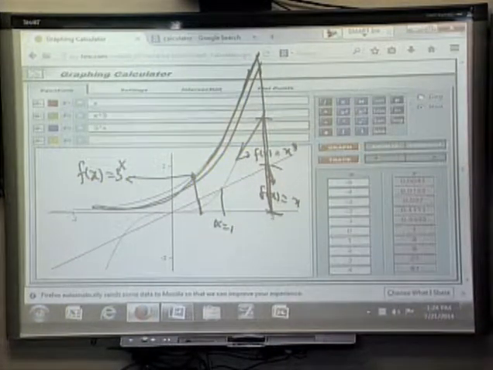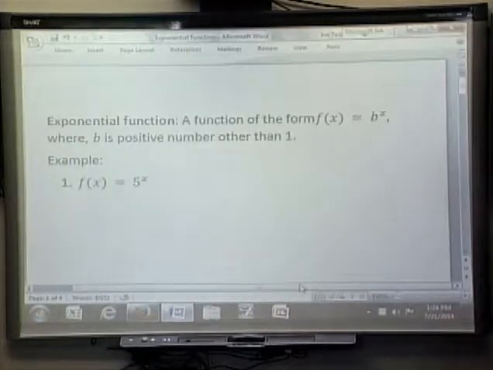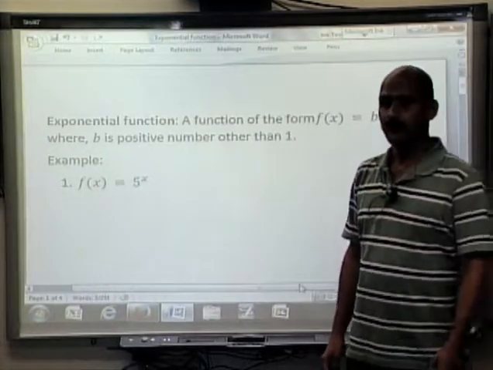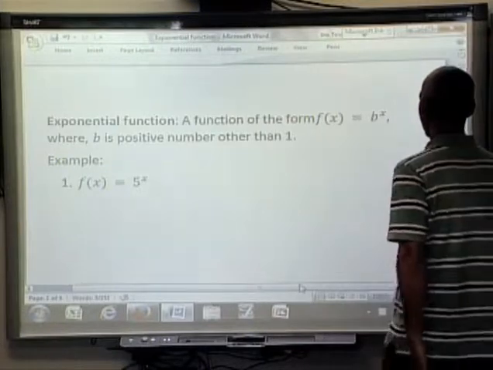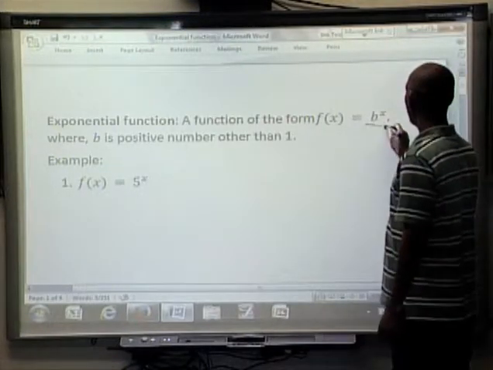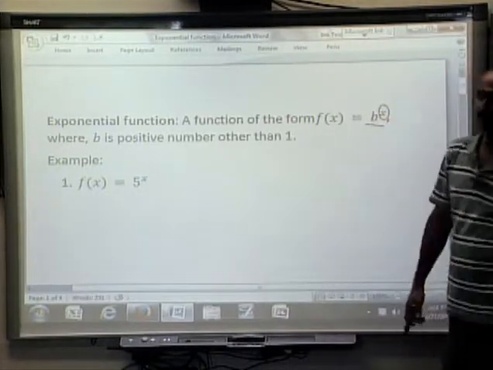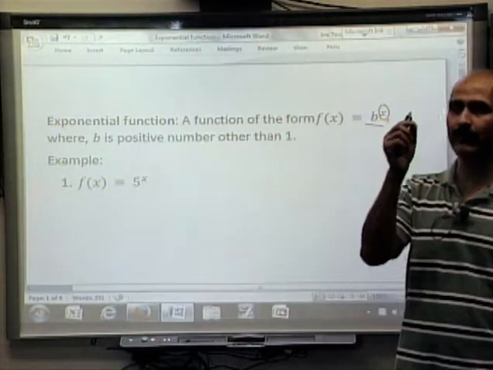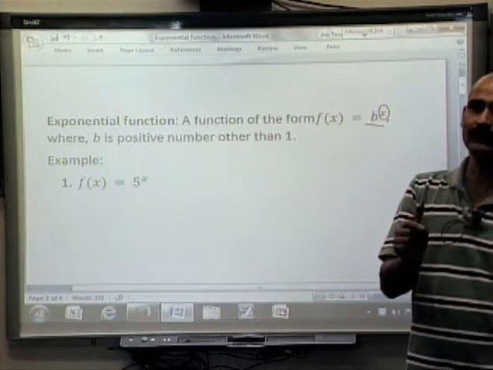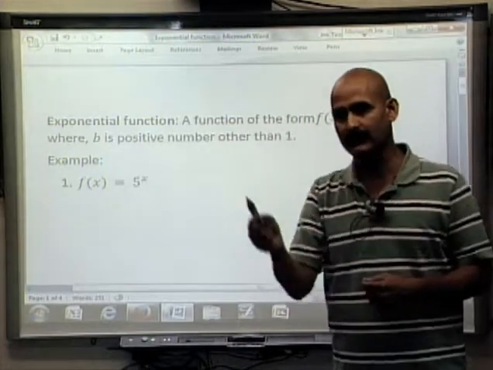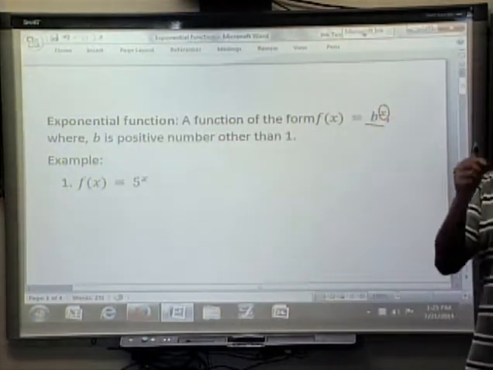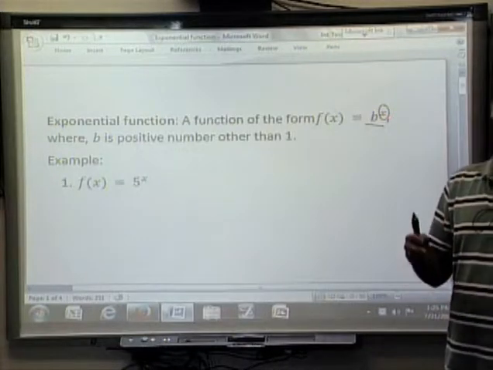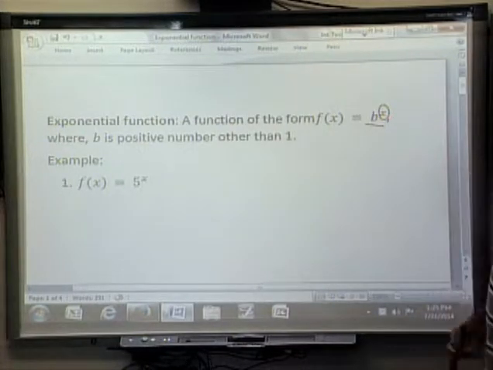Let us look at the exponential function now. A function of the form f of x equal to b raised to the x. If the variable x is in the exponent, and b is just a number, we call it an exponential function.